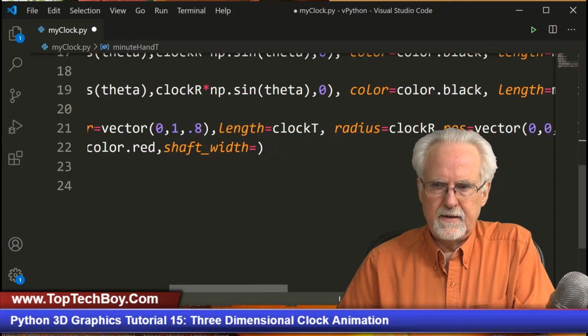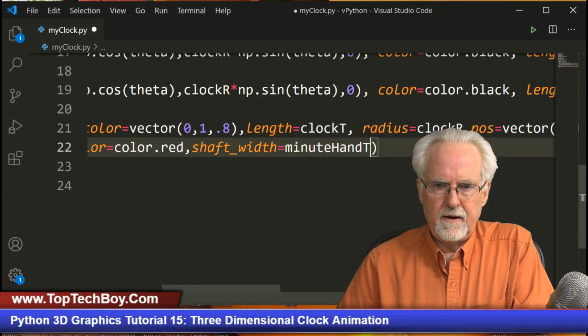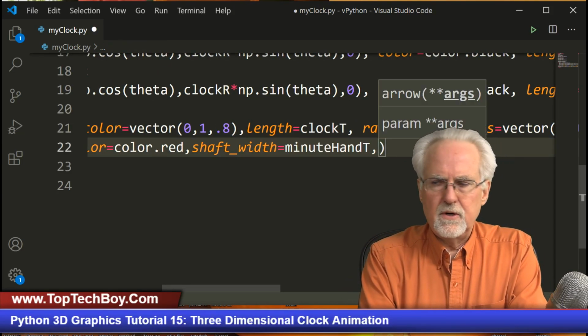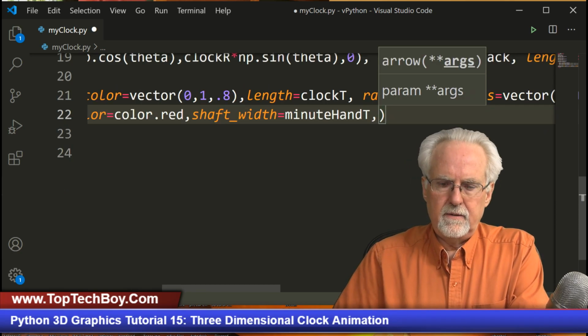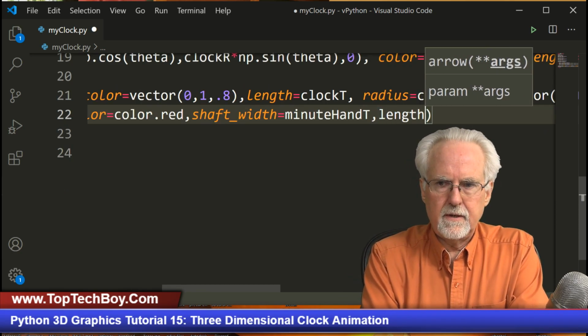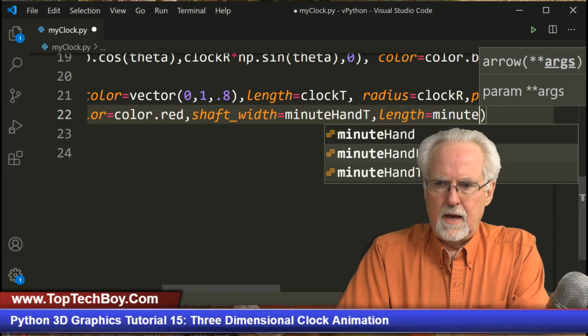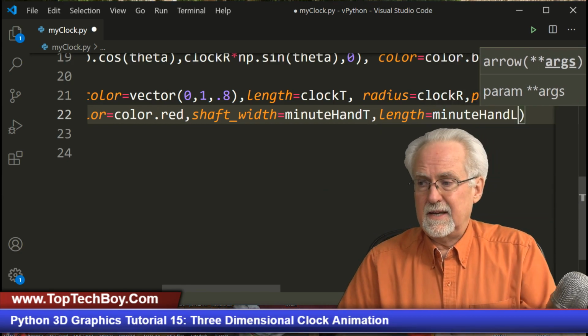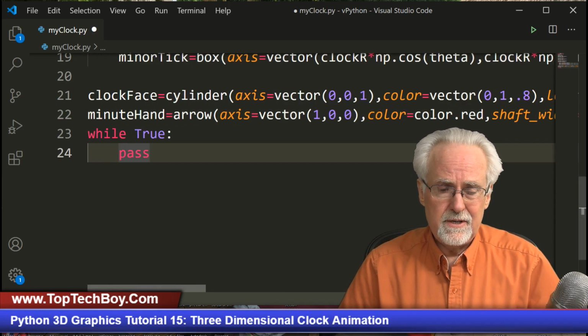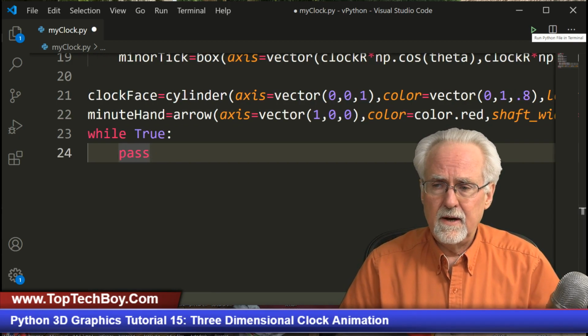So we'll bring that down, and that is the shaft width. And then also we need to give a length to this, length, and that is going to be minute hand length, like that. Let's just run this crazy thing and see if we get a hand on there that looks anything.